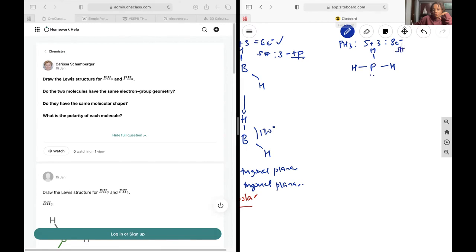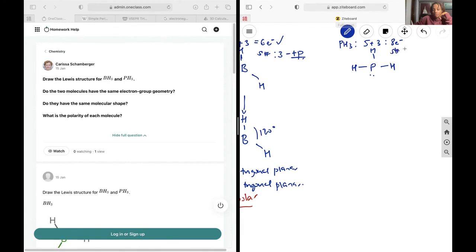Now if you want to check each of their formal charges, for hydrogen it is going to be the 1 valence electron minus the 1 electron that is partaking in this bond, so 0. For the phosphorus, it will be 5 valence electrons minus the 3 electrons partaking in this sharing minus the 2 electrons in the lone pair, giving me 0. And so this is going to be our best structure.